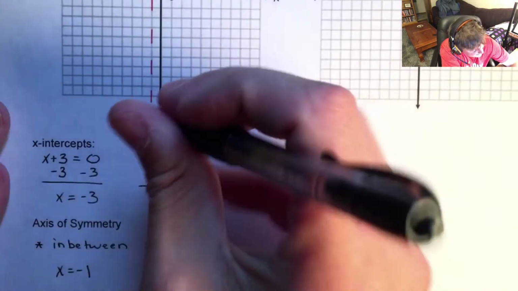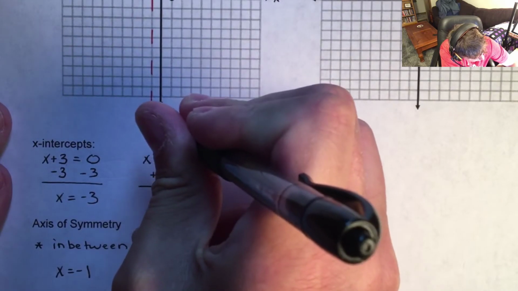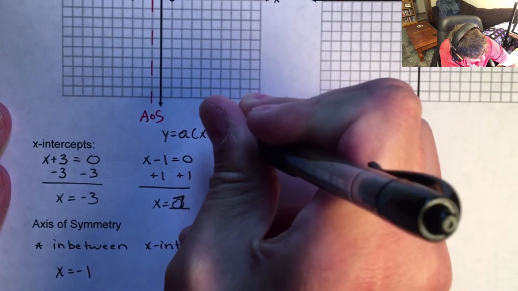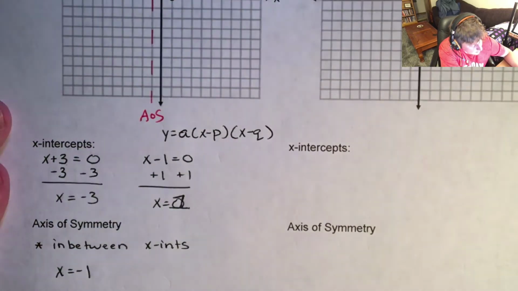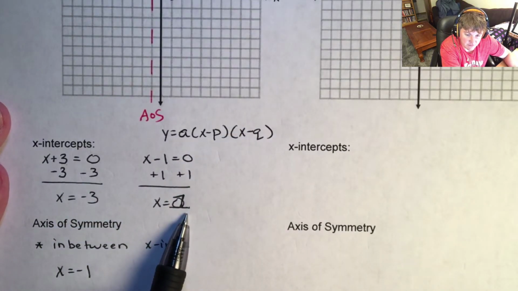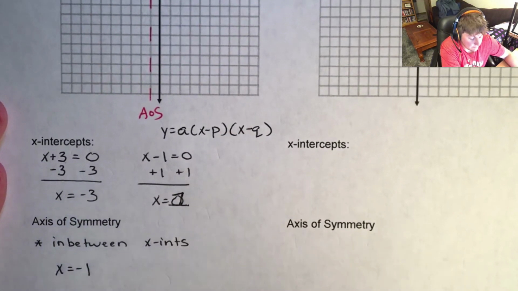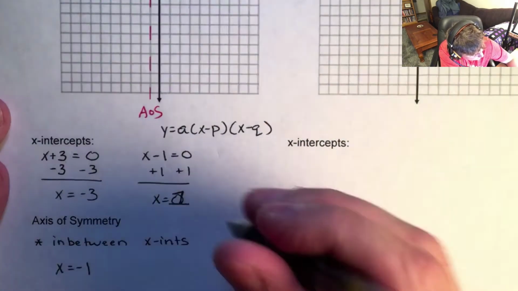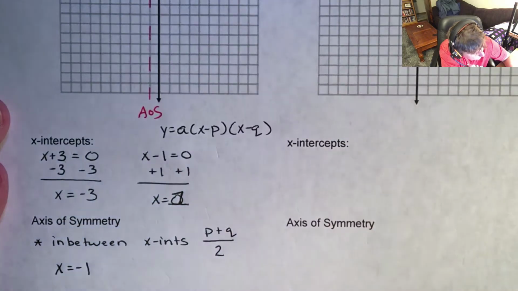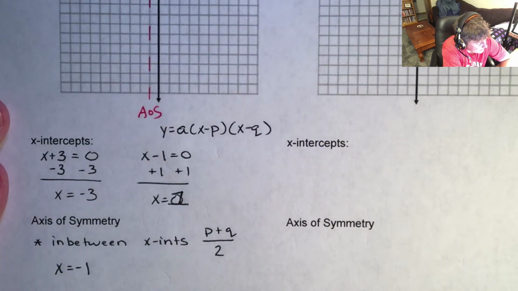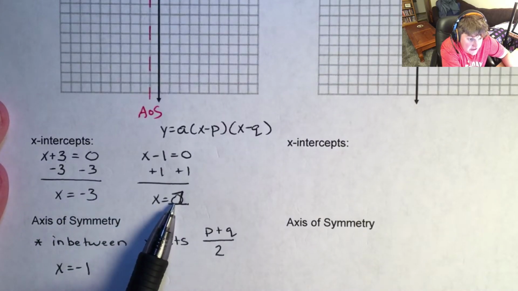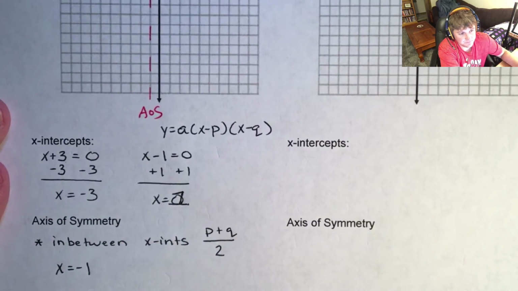Our basic form is y is equal to a times (x minus p) times (x minus q). Right? So p for me would be -3 and q for me would be +1. Okay? So you can just take these numbers and go (p plus q) over 2. So for me, that would be -3 plus 1 is -2, divided by 2 is -1.